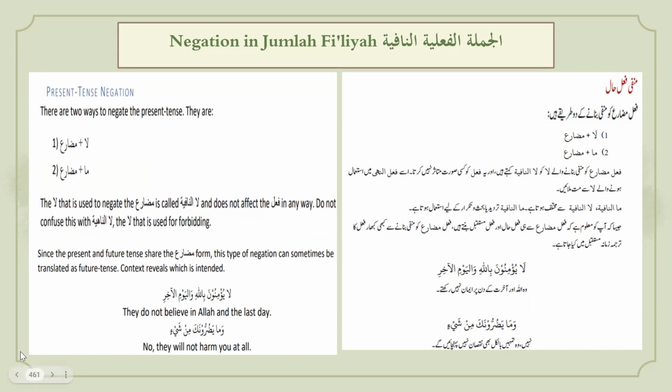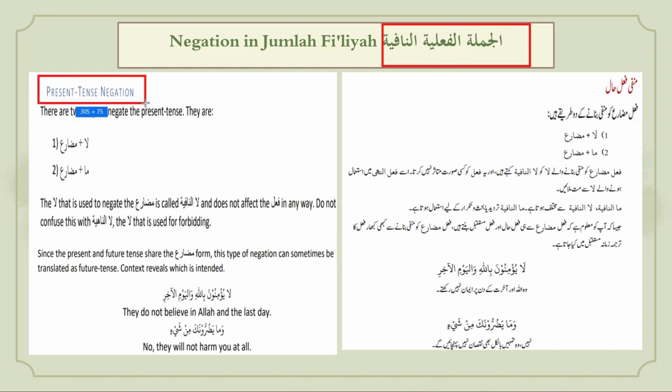Now we are on this slide, we are going to discuss how to negate an action that is happening in the present tense. Again two ways: la plus fi'l mudare, regular form, marfu form, and ma plus fi'l mudare. So la plus fi'l mudare or ma plus fi'l mudare.